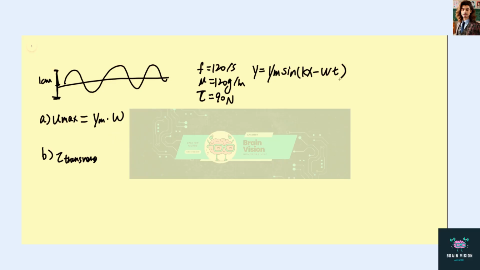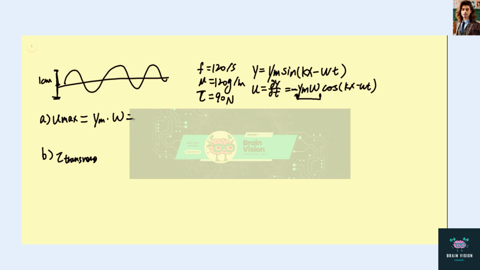So when we want to find u, it is the derivative of y with respect to t. So u = ym times negative omega cosine(kx minus omega t). So the maximum value will be ym times omega, when the cosine equals -1.